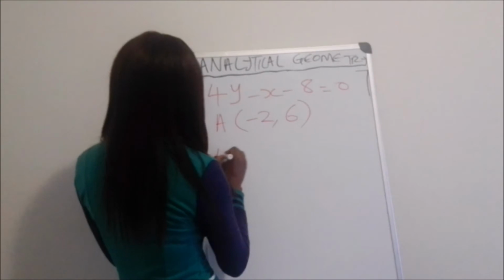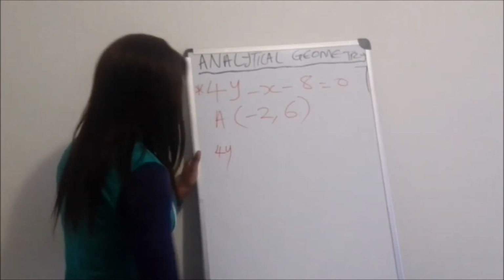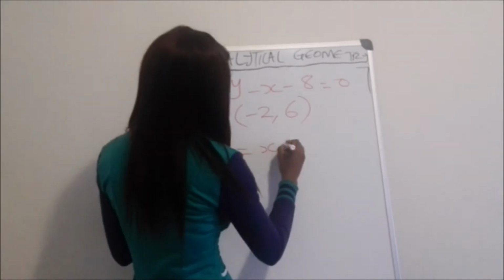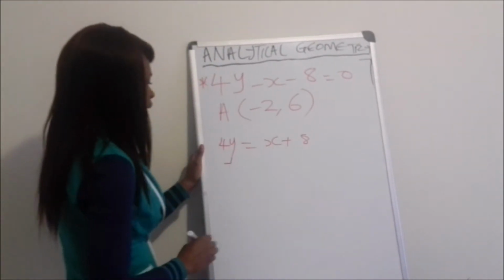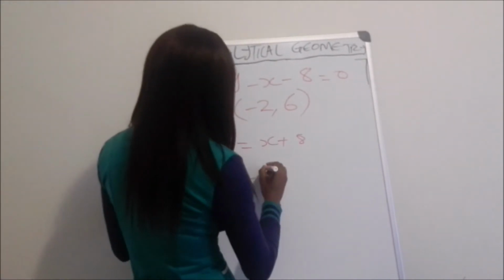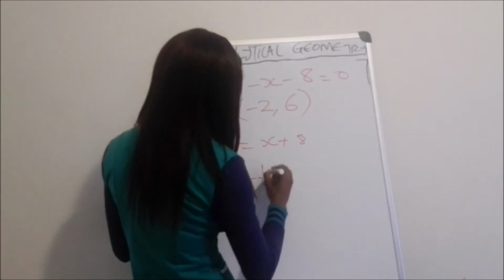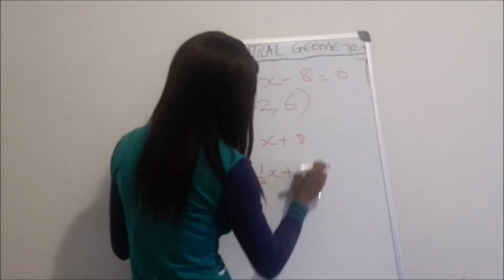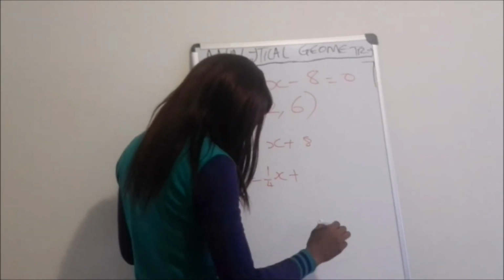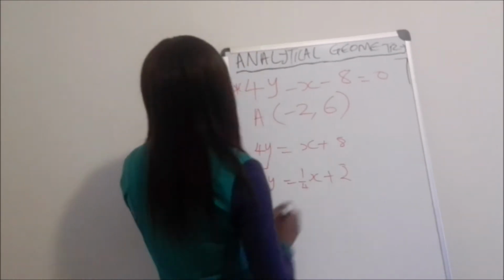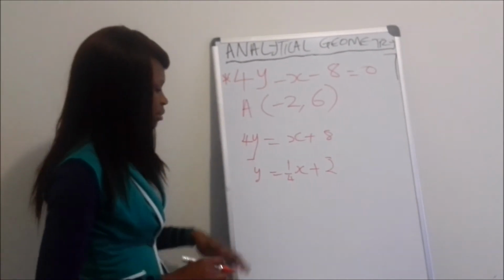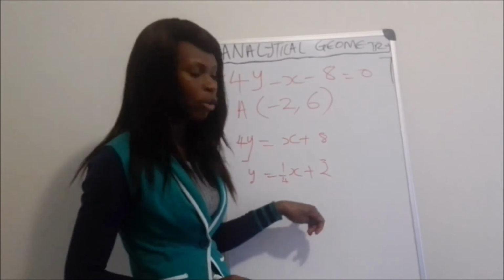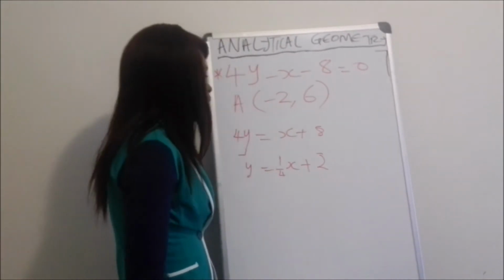Let's rearrange the first equation, 4y - x - 8 = 0. To do that, we make y the subject: 4y = x + 8. Then y = (1/4)x + 8/4, and 8/4 is 2. So y = (1/4)x + 2.